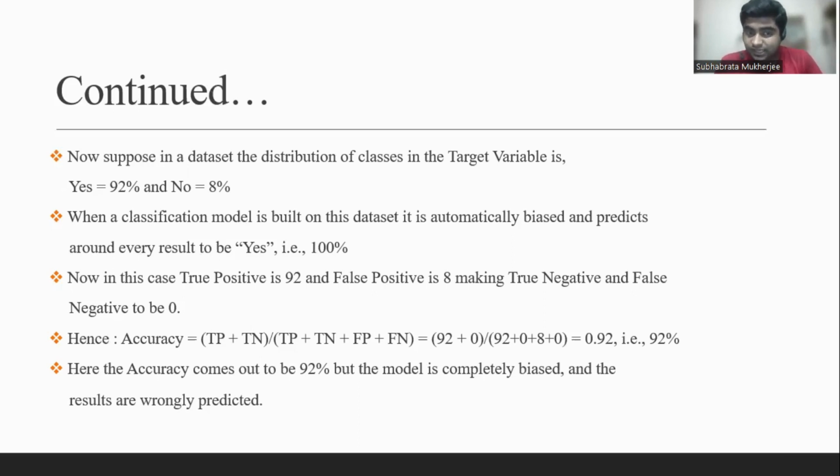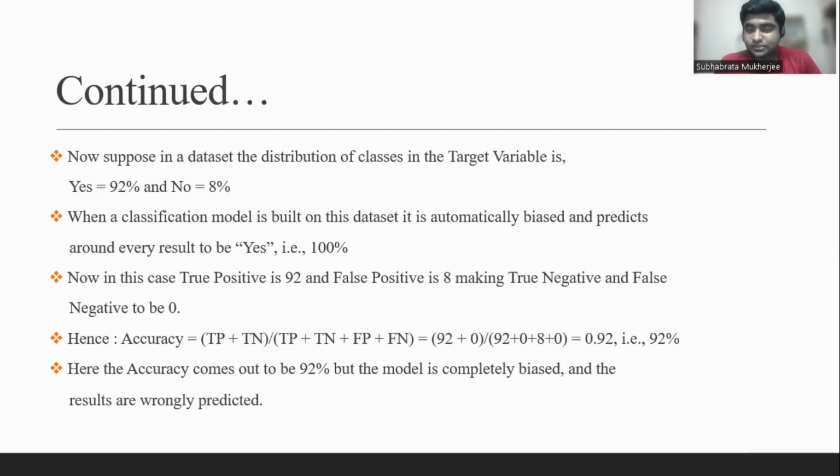Now, if our model is predicting all the 100% values to be yes, here the true positive will be 92 and false positive will be 8. Those 8 values were actually negative, but our model has predicted every value to be positive only. So here the true negative and false negative will be 0.